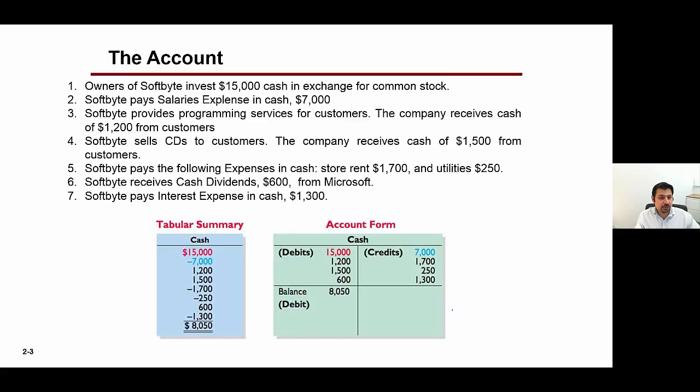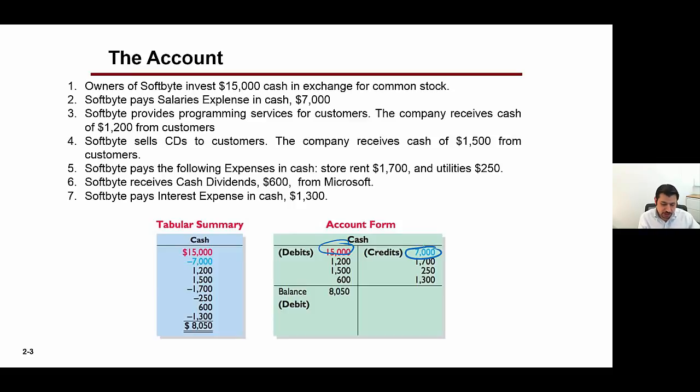Cash is an asset account, and debits increase assets. So this is why the 15,000 is on the debit side. In the second transaction, SoftByte pays salaries expense in cash for $7,000. When they pay the expenses in cash, cash has decreased by 7,000, and this is why we have credited the amount to cash.